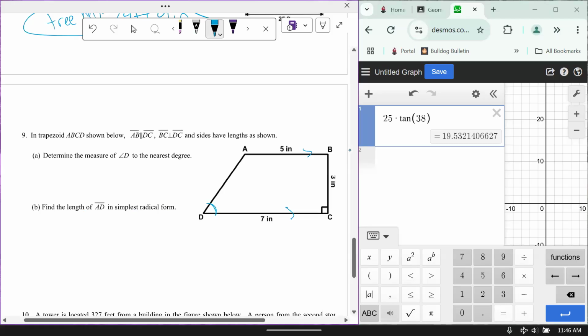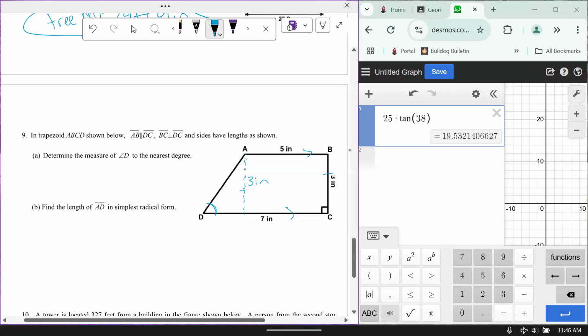Okay, so trapezoids. We know this is a right angle, that's a right angle, that's it. So if we go ahead and just split this guy and make ourselves a triangle right here, we have now created a rectangle where this would also equal 3 inches because this would be congruent to that guy.